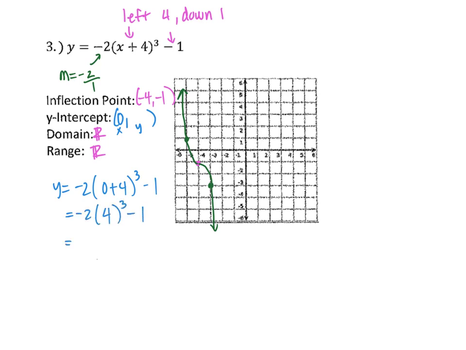And then exponent is next, so I have to take 4 and cube it, which gives me 64. If I take -2 and multiply it with 64, I get -128 minus 1, which is -129. And so it looks like my y-intercept is -129.